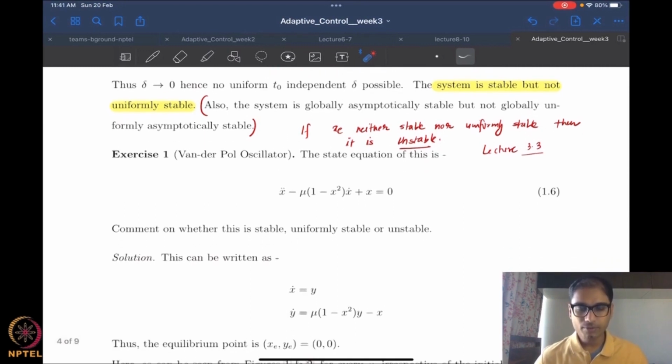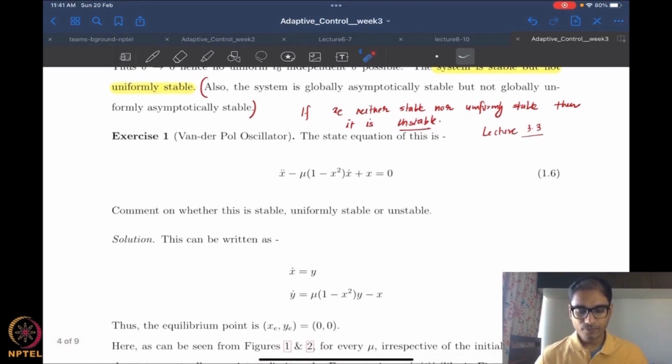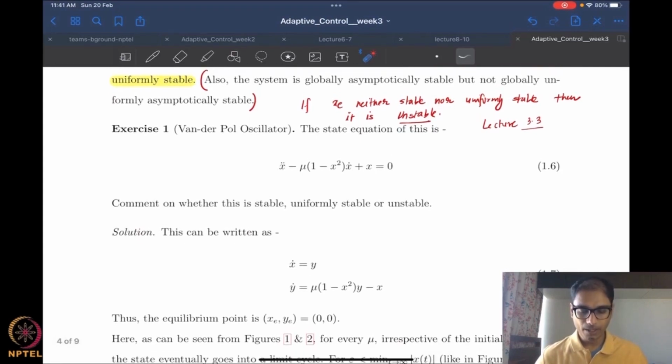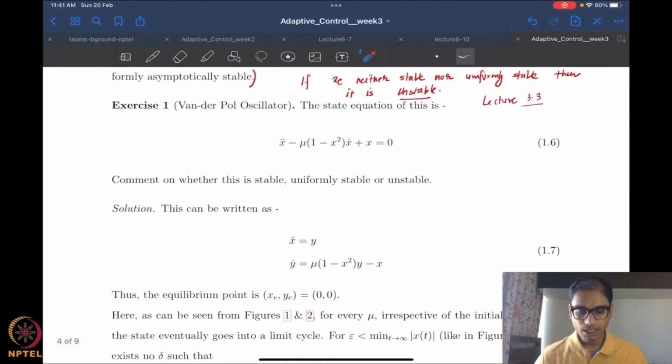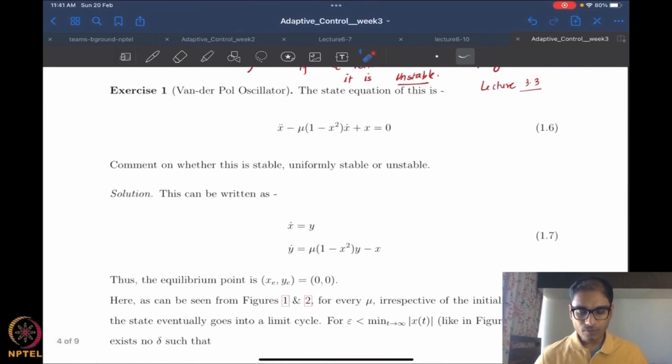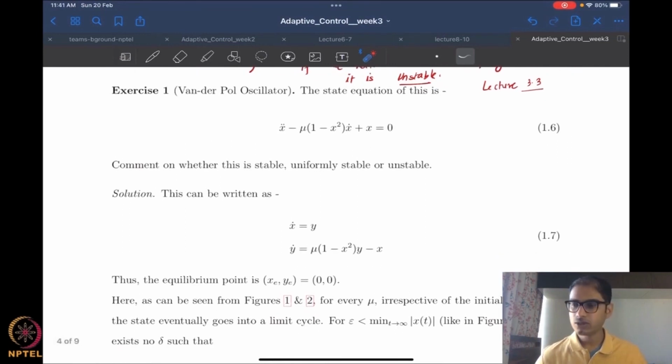So what is this van der Pol oscillator? We already said last time that this is a very classical nonlinear oscillator system. It is also immensely popular because there are certain scenarios in which you want to construct systems which have an oscillatory model.